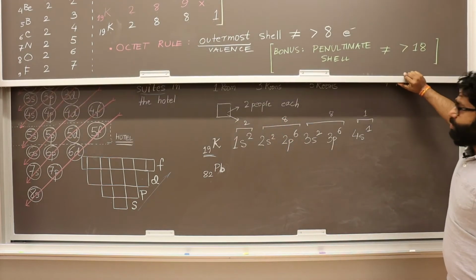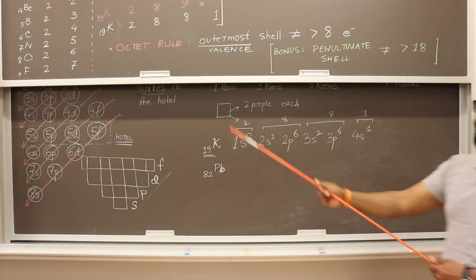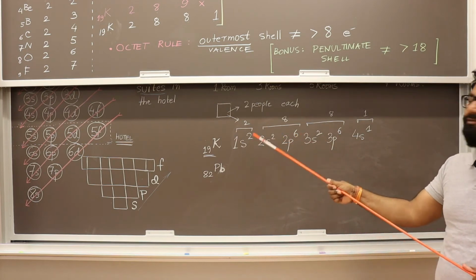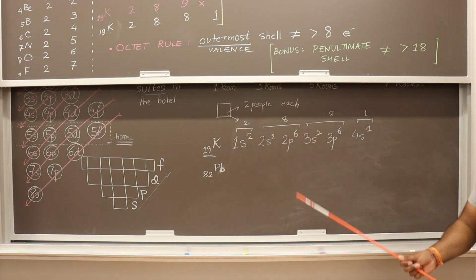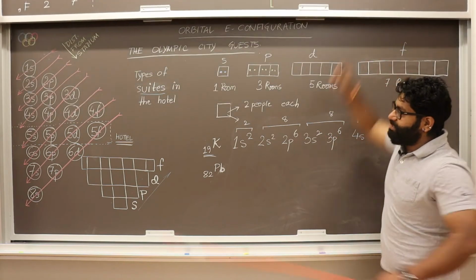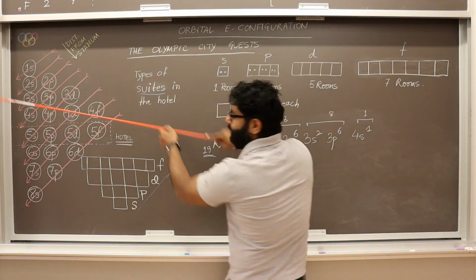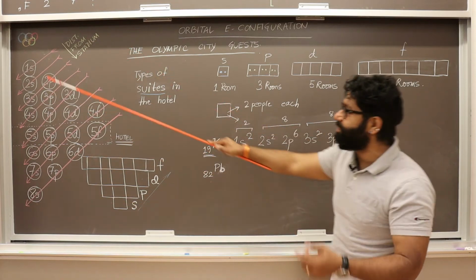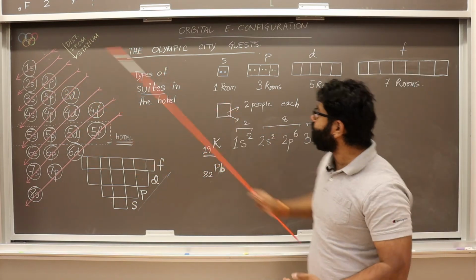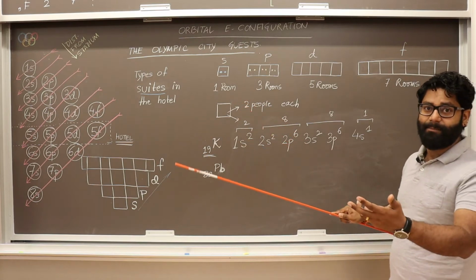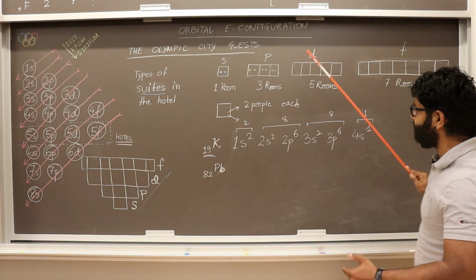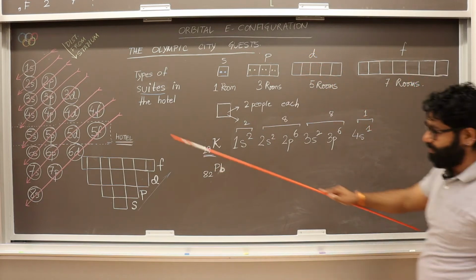So, if you have the orbital configuration, you can easily find out the number of electrons in the different shells. Why? Because the hotel is basically the orbit. Okay, so if you arrange things in the different orbitals, the suites being the orbitals, this is the s orbital, this is the p orbital, this is the d orbital, this is the f orbital.